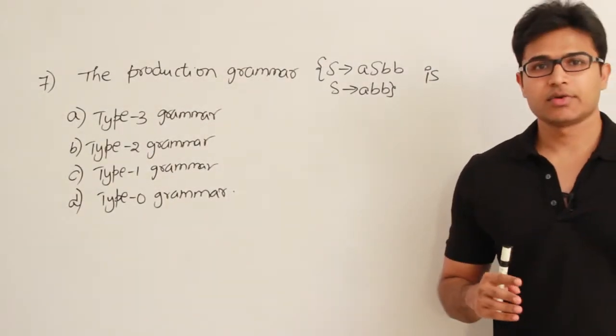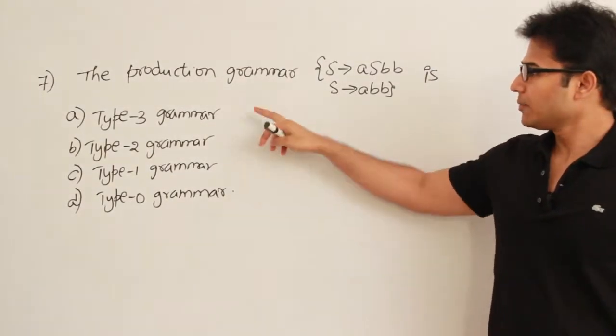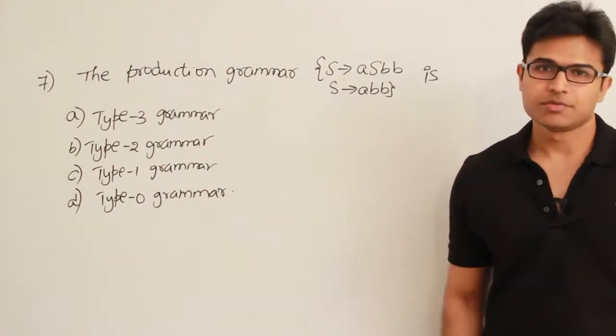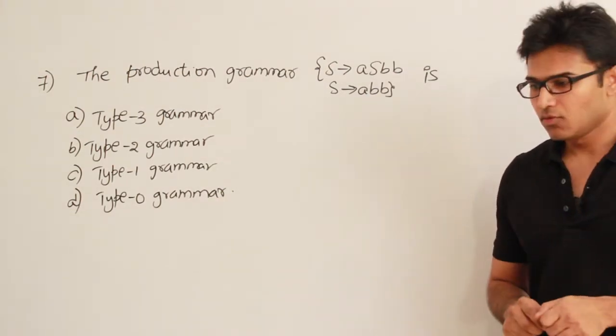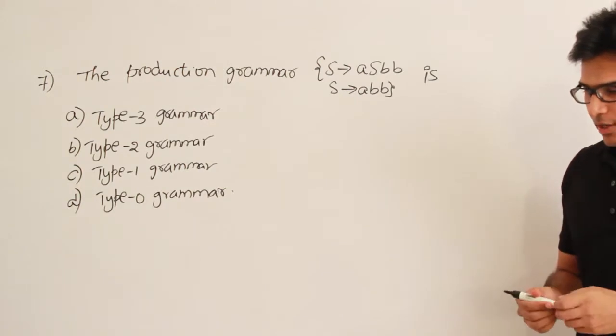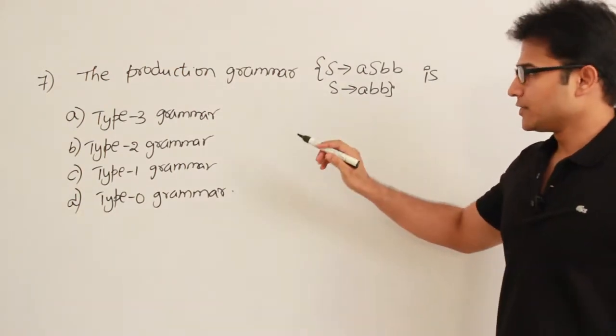Chomsky has actually classified the grammars into four types: type 3, type 2, type 1 and type 0, right? So if you are looking at how these grammars look, I'll just give you examples.